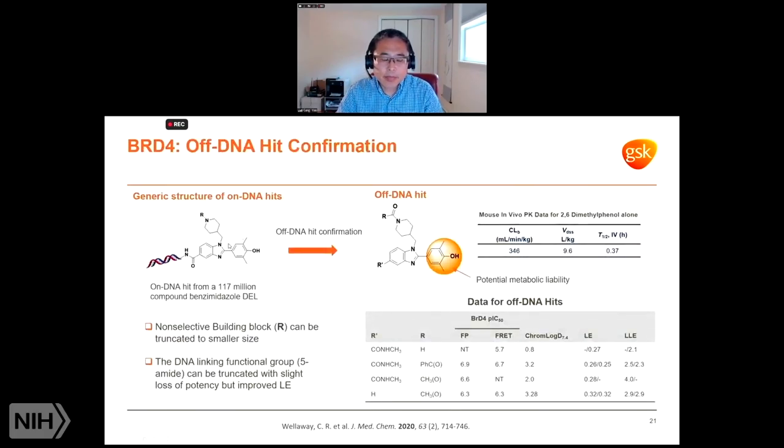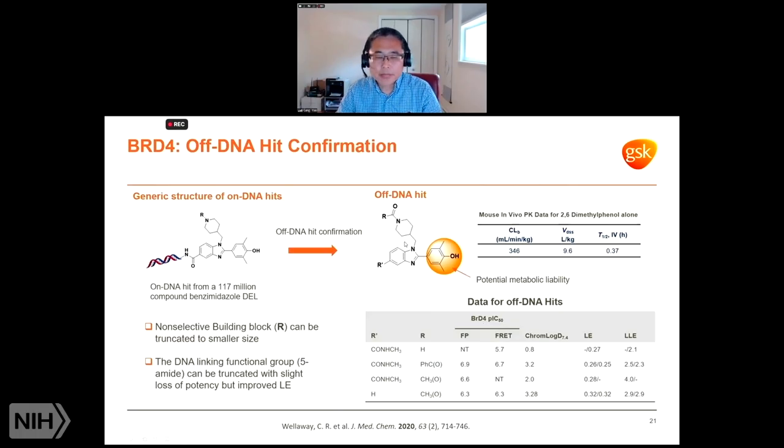In this case, first, after selection, we identified generic benzoimidazole hits from a 170 million compound benzoimidazole library. Off DNA, by synthesis and truncating the DNA tag, resulted in this structure here, and several analogs were made and confirmed as BRD4 binders.